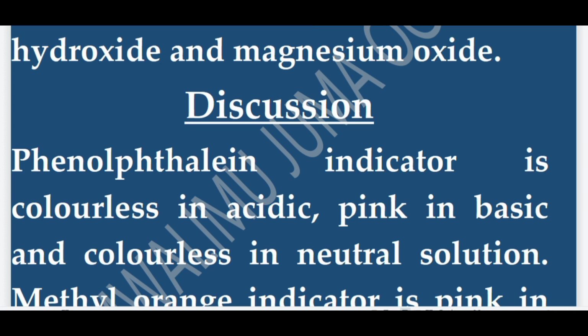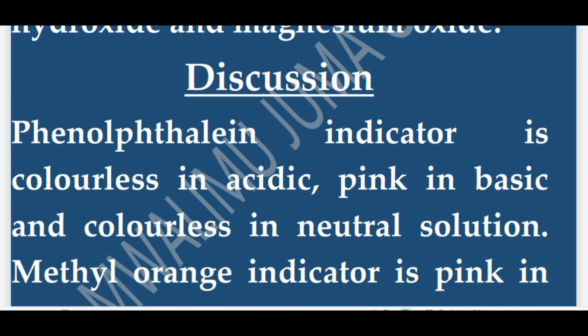So when it is added to an acid, we will have a colorless solution. When added to a base, it will give a pink solution. When added to a neutral solution, it will be a colorless solution.